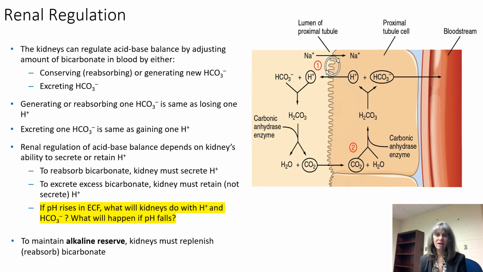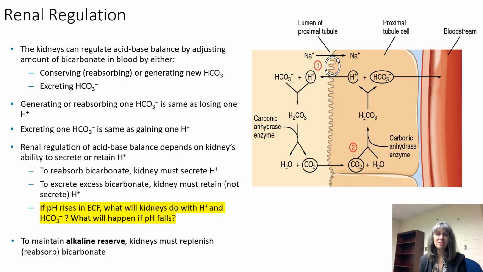Well, if pH is rising in extracellular fluid, then that would mean that we would want to conserve free hydrogen ions. So we'd have to get rid of bicarbonate.